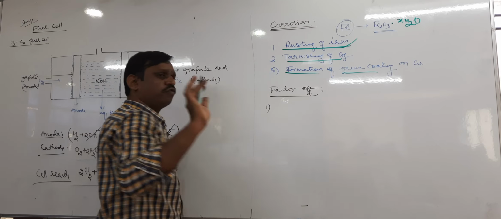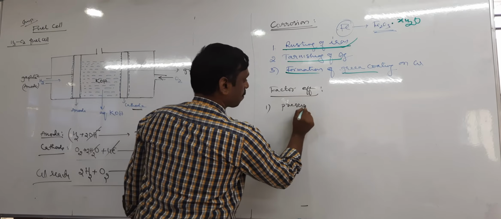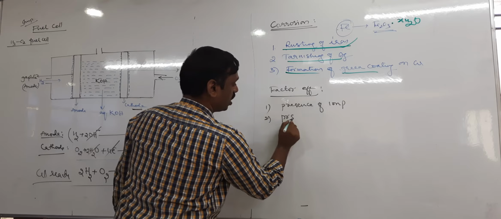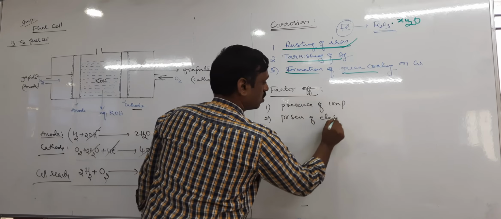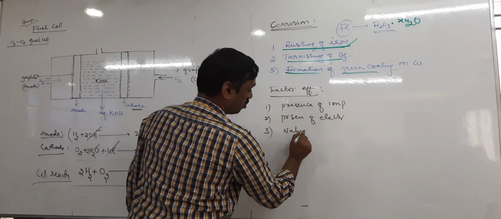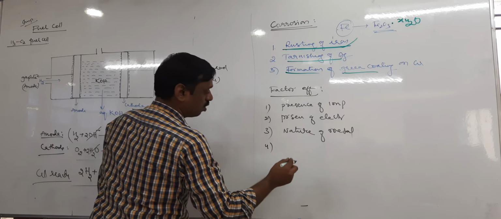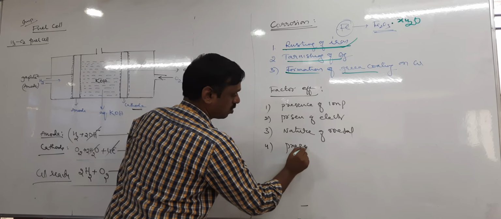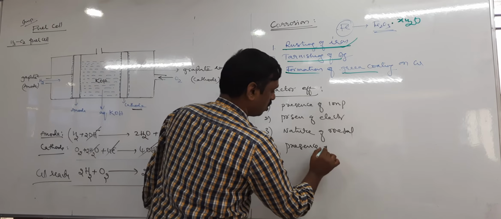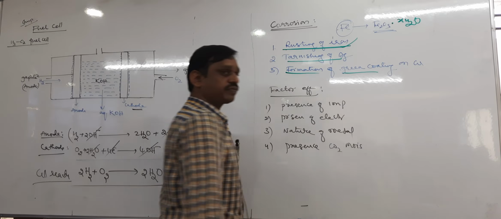There are usually 4 factors. 1, presence of impurities. 2, presence of electrolyte. 3, nature of the metal also. And 4, presence of environmental components like CO2, moisture, etc.